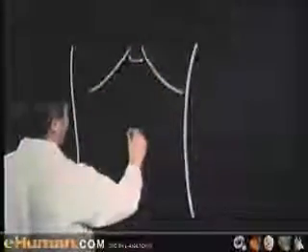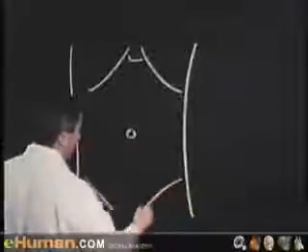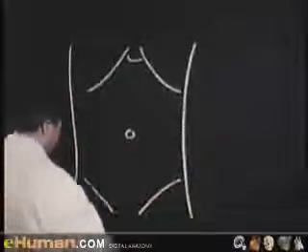Let us look at the abdomen from the front, and I'll put in the lateral margin in this manner and indicate the costal margin and the xiphoid process, the umbilicus, and the region of the inguinal ligament.